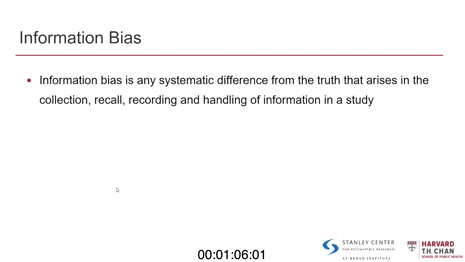Information bias is one type of systematic error that occurs in epidemiologic studies. This is nothing but a systematic difference from the truth that arises, be it in the collection, recall, recording, or handling of information in a study.